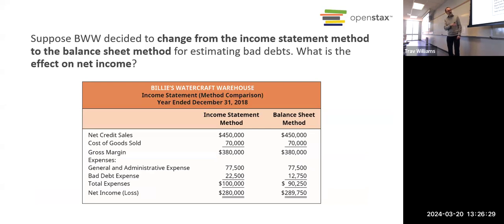So it's not always going to work out this way, but in this case, it went from 280,000 estimated net income to a higher net income, almost $10,000 higher. And why? Because the bad debt expense went down by about 10,000. So if what they're going for is more net income, then they should probably use the balance sheet method, at least for this year.